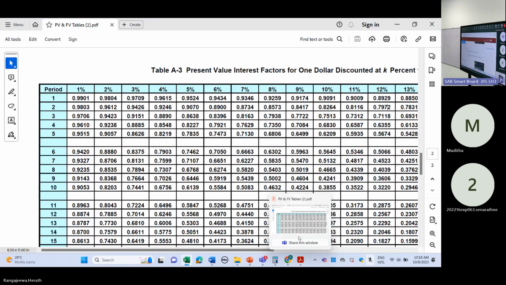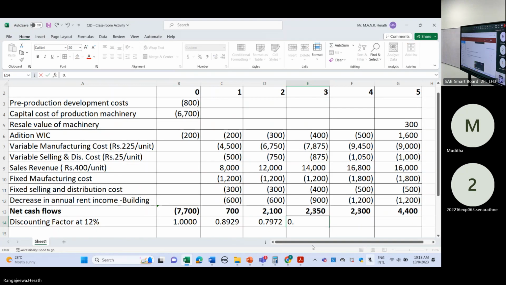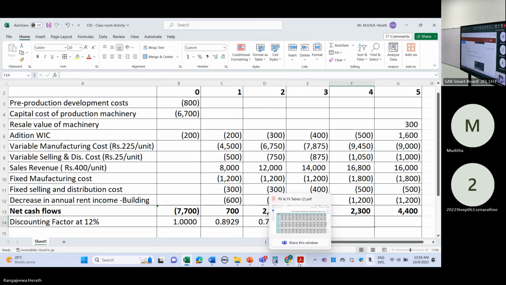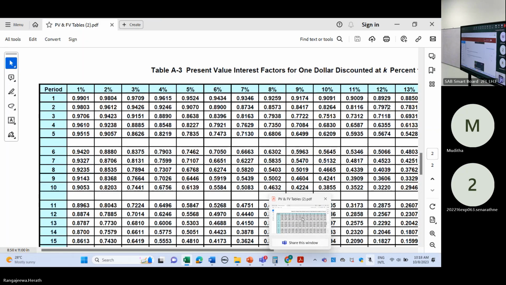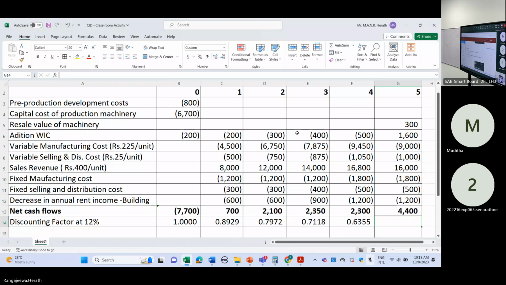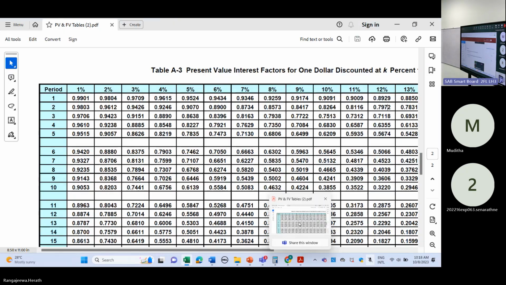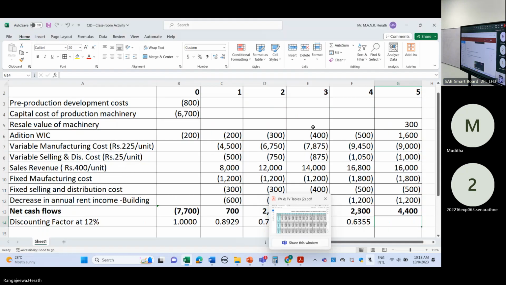Year 3, 0.7118. Year 4, 0.6355. Year 5, 0.5674.